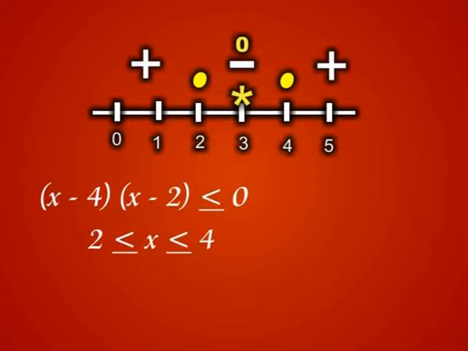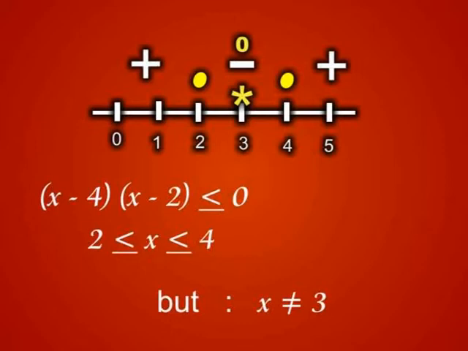Or rather, there's a closed circle on top of the 2. So x is greater than or equals to 2, and at the same time less than or equals to 4. But, and we have to put this in, x cannot equal 3.